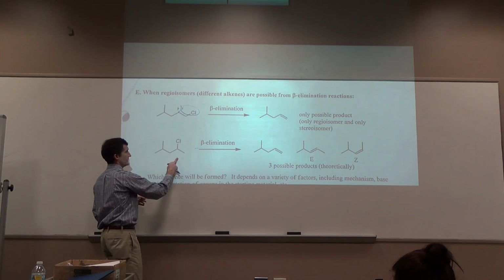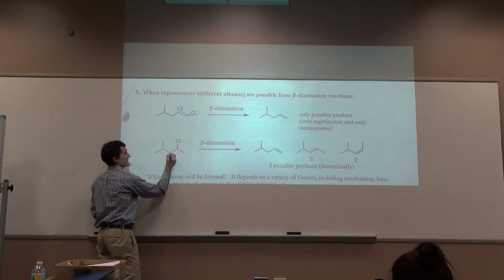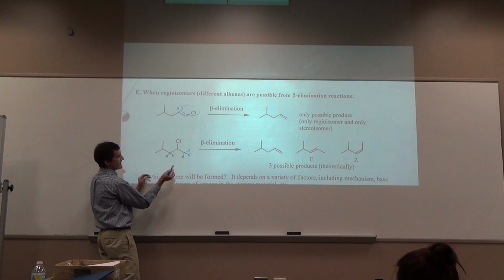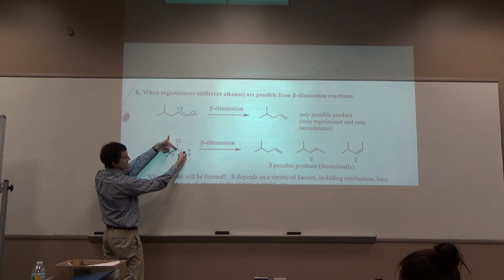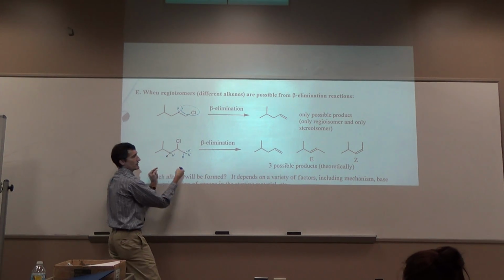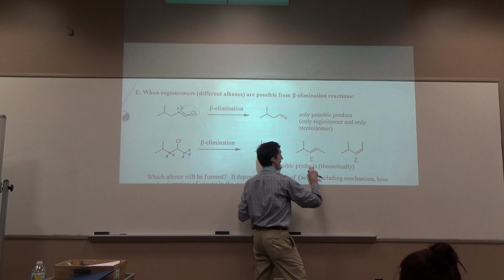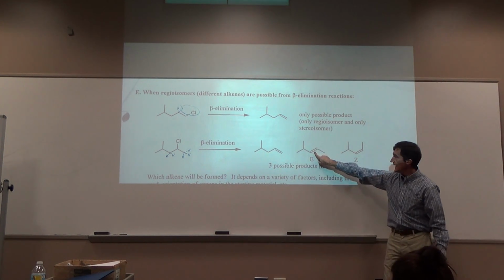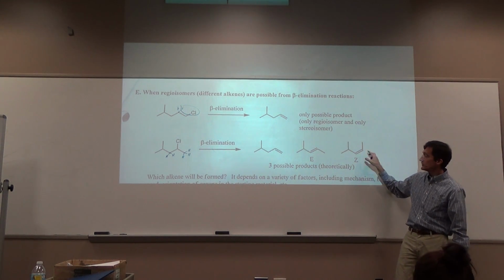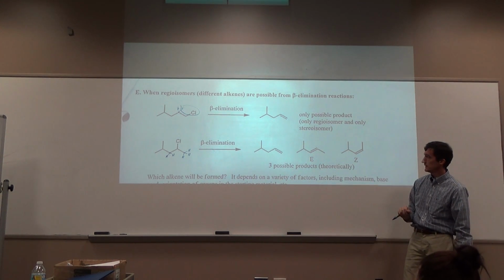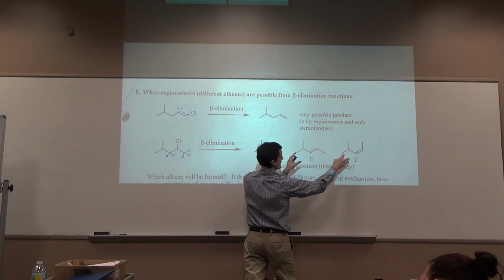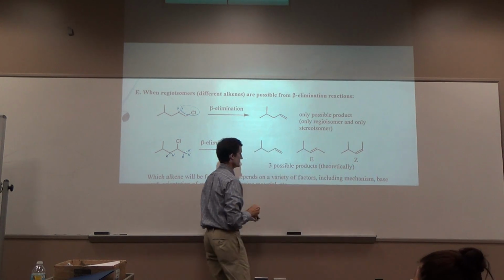But if you take this substrate, you've got beta hydrogens on each side. So you can remove HCl over here, put the double bond in there. But you can also remove HCl over here and put the double bond over there. And this one actually is stereogenic. It can be either E or Z. So there's three possible products theoretically, these two and this one being regioisomers, these two being stereoisomers of each other.